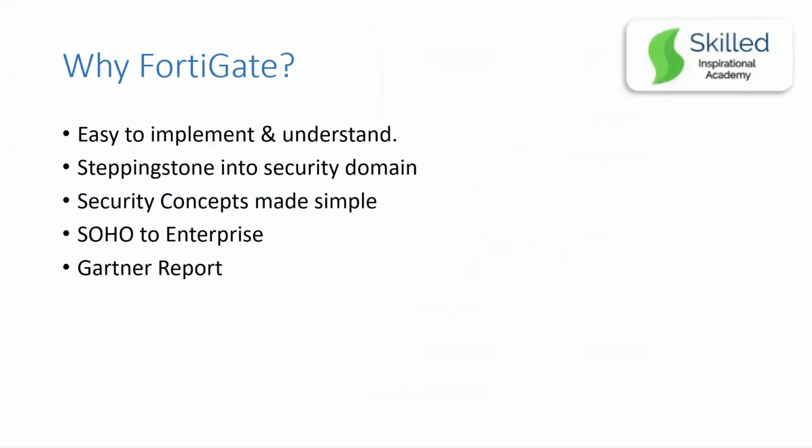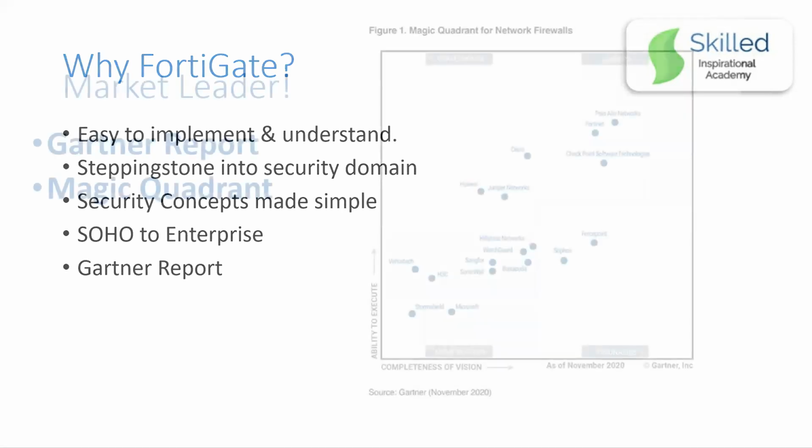So the product range of FortiGate firewall starts off from a very small concept of SOHO, where you might have 8 or 10 people, just a couple of devices, to enterprise level where you have thousands of devices. So the concept was that it can handle 10 people, and it can also handle 10,000 people. Got it. Thanks. No problem.